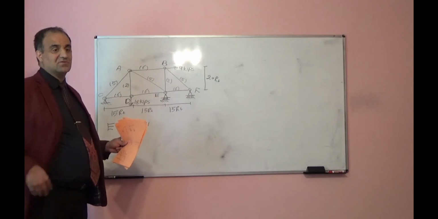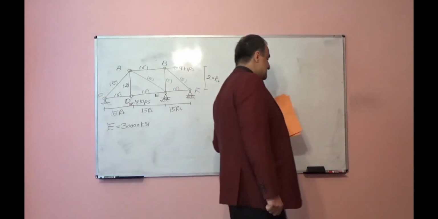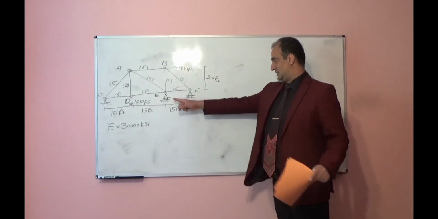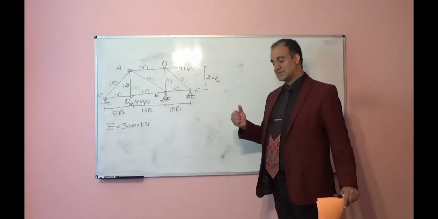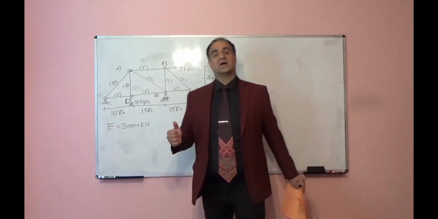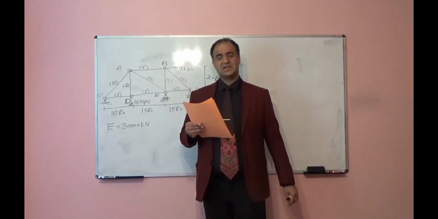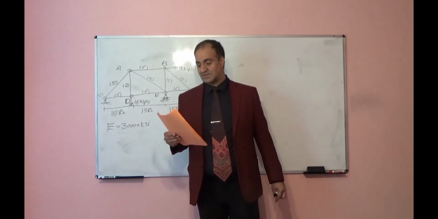We can write only 3 equilibrium equations. So it is 1 degree indeterminate. So using equilibrium equations, we will not be able to find that support reaction. We will need another equation, and we can find that using compatibility equation. Let's see what are the steps and how we can find that.